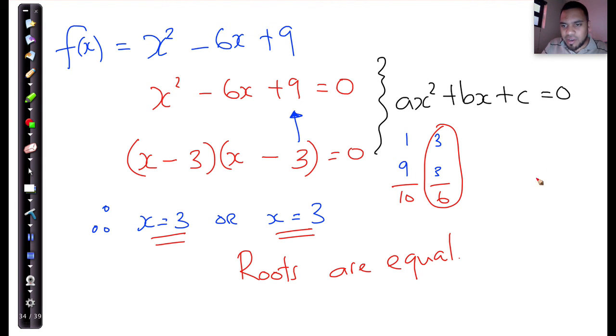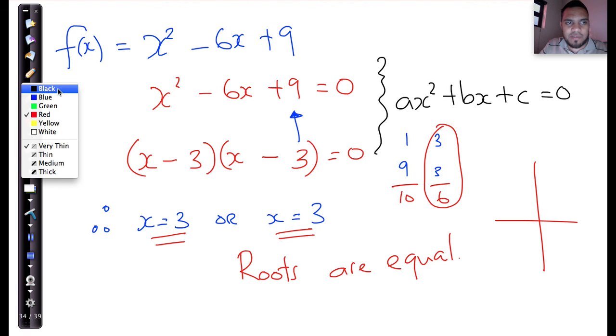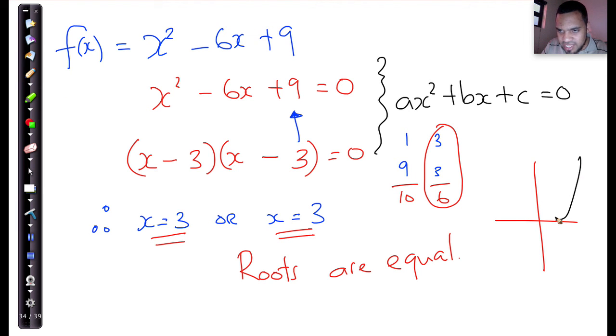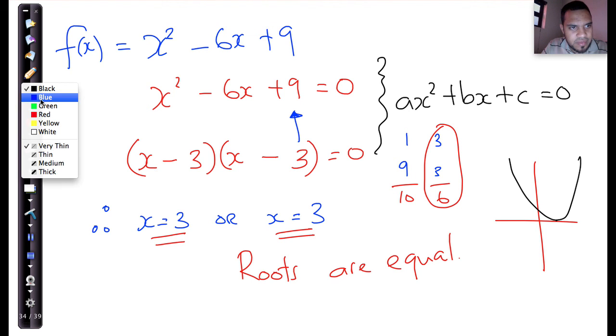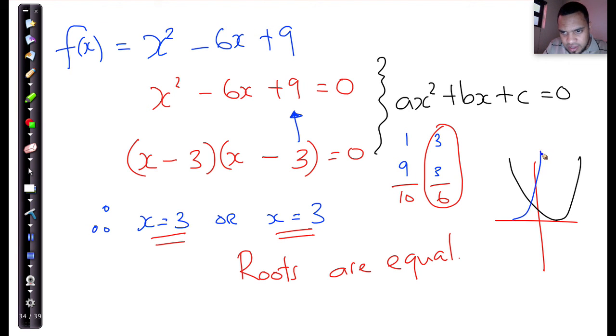That would mean that my graph would always have its turning point on the x-axis. It could be there, it could be here, but the point is that the graph will just have one point touching the x-axis. And that's when we say that the roots are equal.